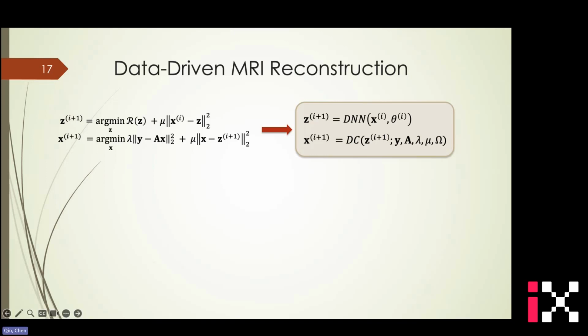And then the second equation, as we mentioned, is the data consistency layer, and depending on how it is formulated, we can either derive a closed-form solution or solve it via some optimization technique. But we formulate it in a general form, as a data consistency layer in your network, which receives input of this intermediate reconstruction z with the raw data and these transforms, etc.